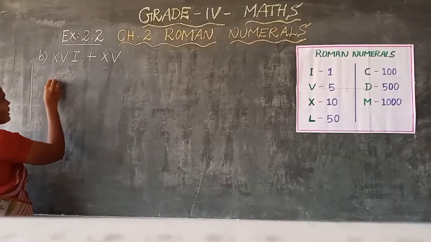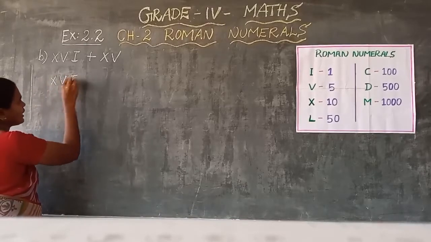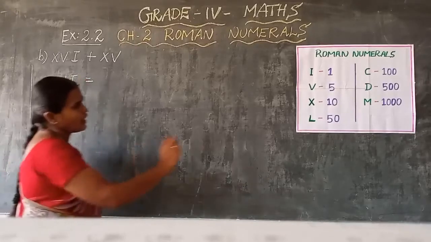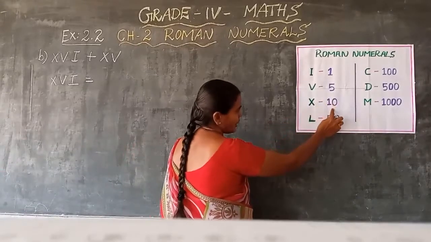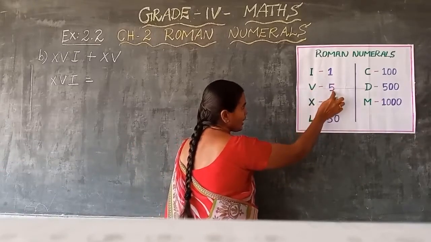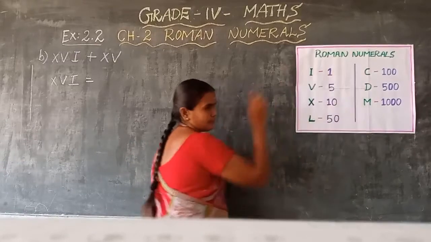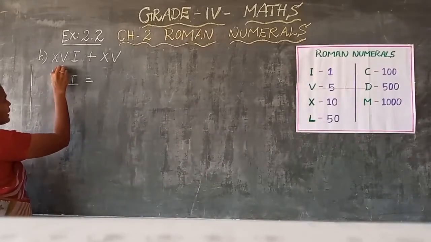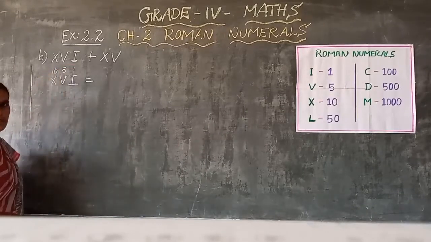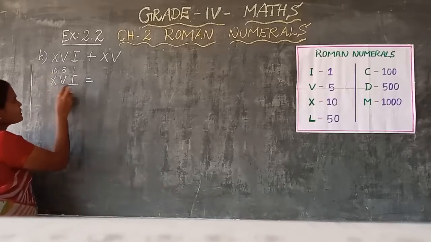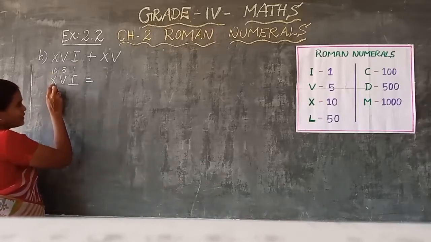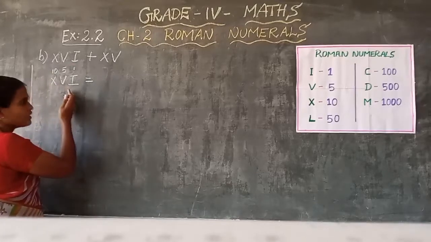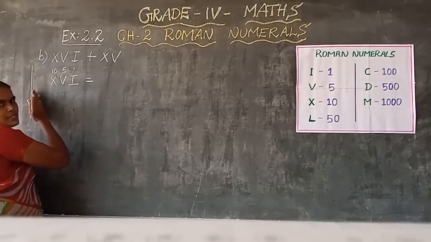So first, XVI. What is the value of XVI? X means 10, V means 5, I means 1. We know the rule: which one is the greatest number? X. The greatest number with a small number on the right side means addition; a small number on the left side means subtraction.